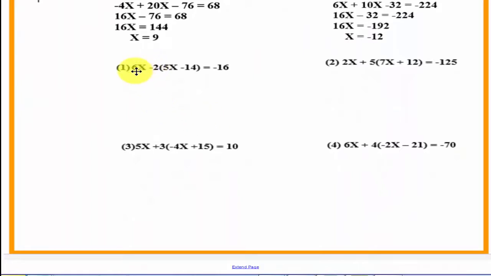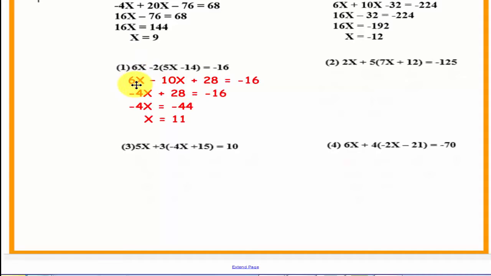Now, number 1, we have 6x minus 2 times 5x minus 14 equals negative 16. So let's do the first row here. 6x, bring it down, minus 10x, because negative 2 times 5 is negative 10x, plus 2 times 14 is 28, equals negative 16.